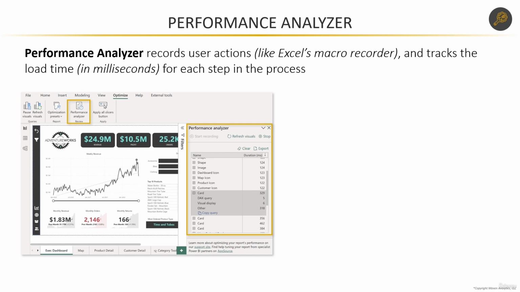After the Performance Analyzer is finished recording, all of those recorded steps will show up with an associated time, they'll be named, and they'll be in this pane here. And by expanding an individual query, like our card query that we have highlighted, you'll be able to see all of these different buckets. So let's talk about each of these categories.